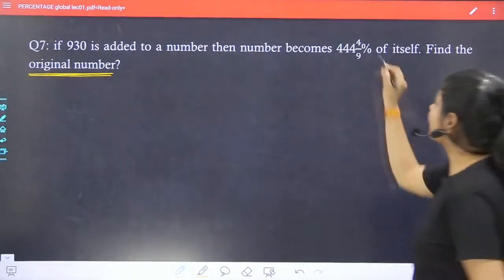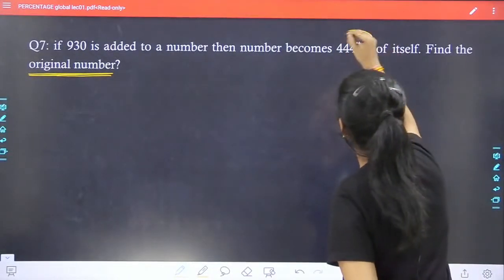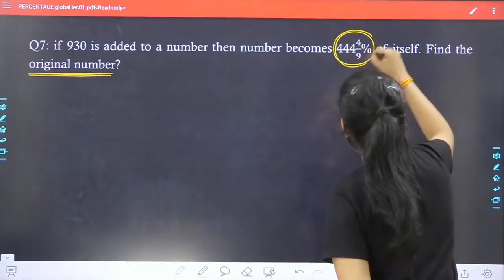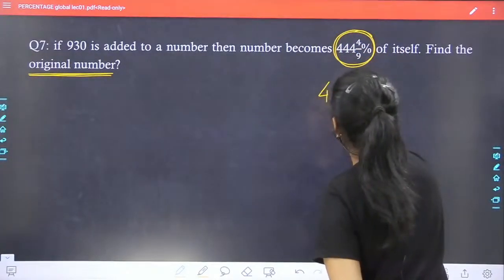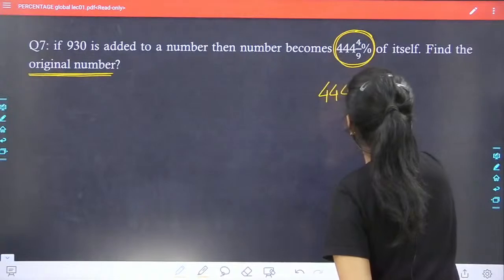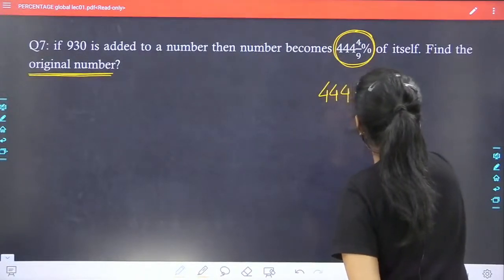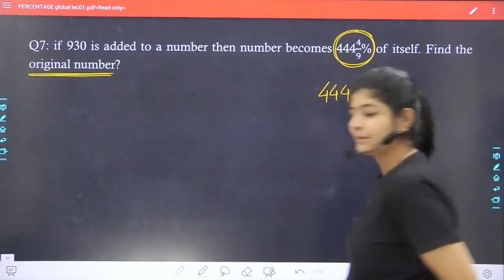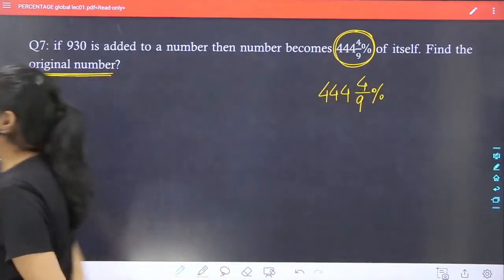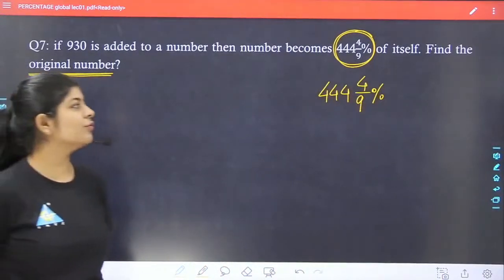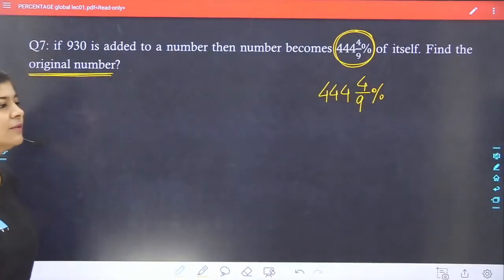And the number becomes 444 4 by 9%. How do I write 444 4 by 9% into fraction?